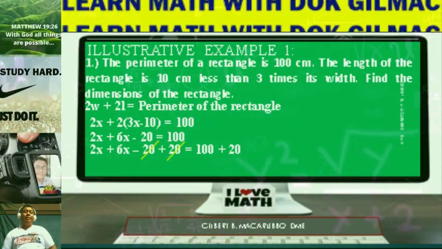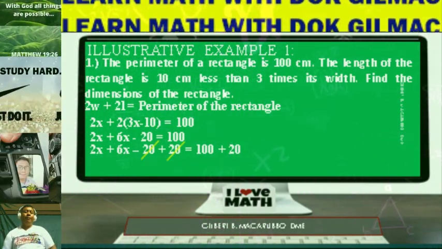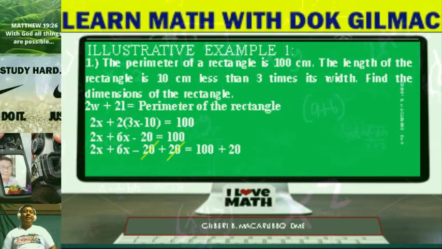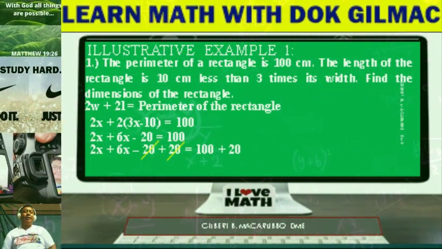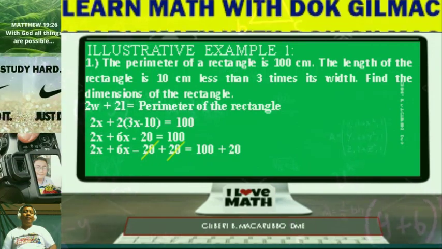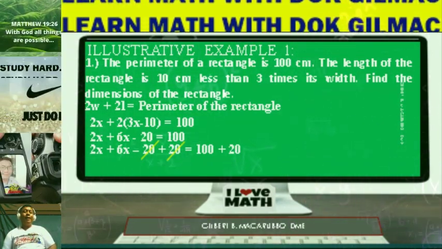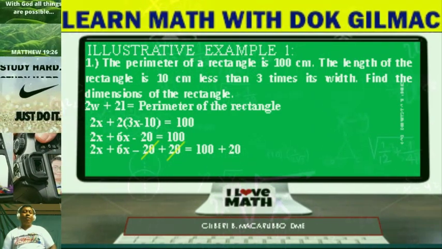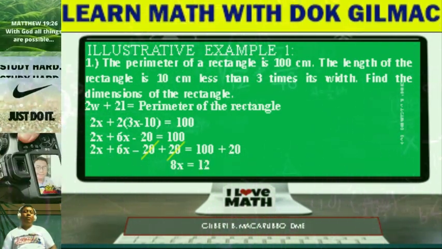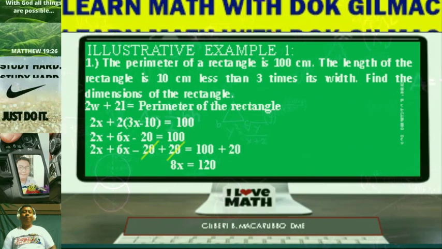Combining similar terms, we have 2x plus 6x is just equal to 8x, and 100 plus 20 is just equal to 120. So we have 8x is equal to 120.